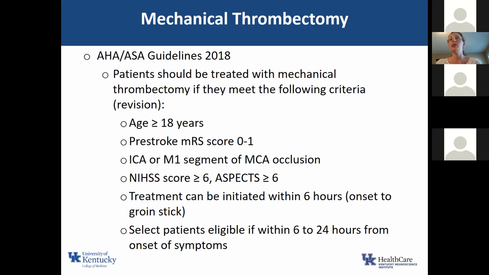ASPECTS is where you start with 10 and for each area of hypodensity, you subtract 1. Obviously if they have a large area of stroke and their score is a 2, for example, it would not be wise to go in and try to perform a thrombectomy. There'd be increased risk of bleeding within that infarct. So the stroke cannot be very large in and of itself.